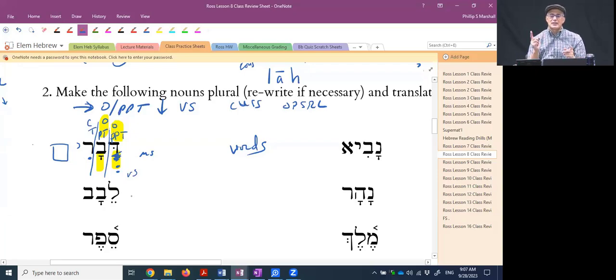Once I make that reduction, my division lines are totally screwed up, because now I have this dividing line next to a vocal shva. So if I were starting with devarim, I wouldn't put that divider there. That divider that I just deleted is what we did before we added the ending, just to show you that we have an open propretonic syllable now. It had to reduce to a vocal shva.